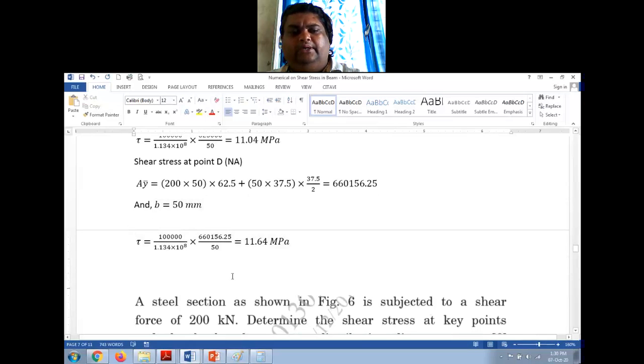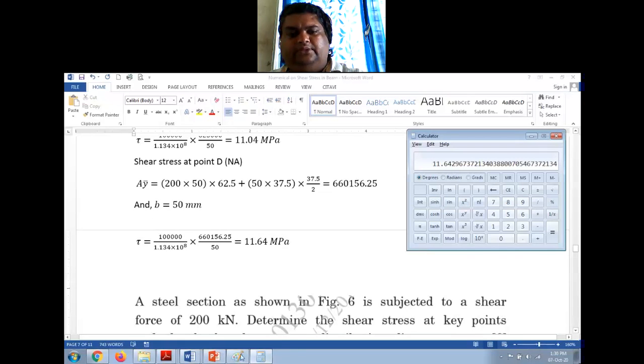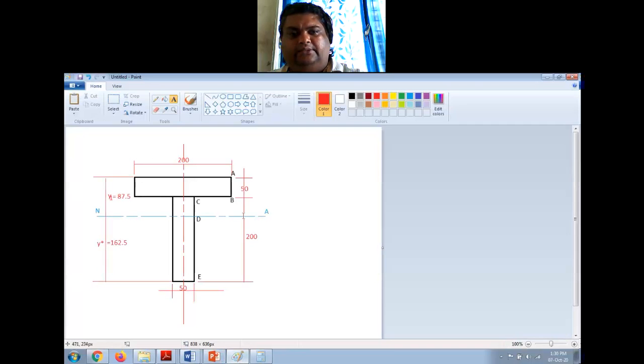So this is the maximum shear stress at the neutral axis. And the last point is E only, which we have already calculated.